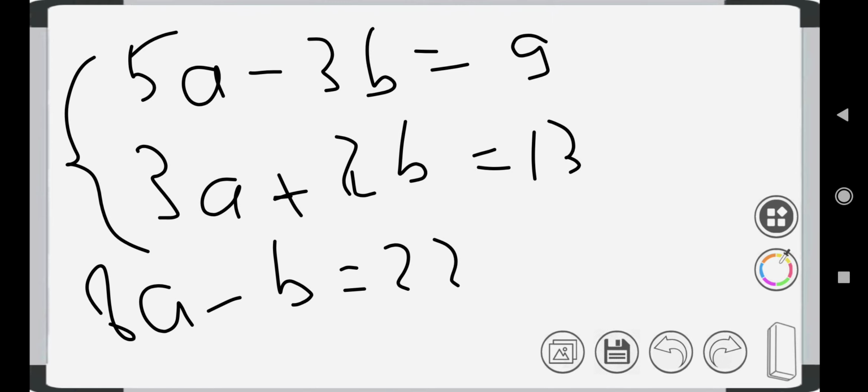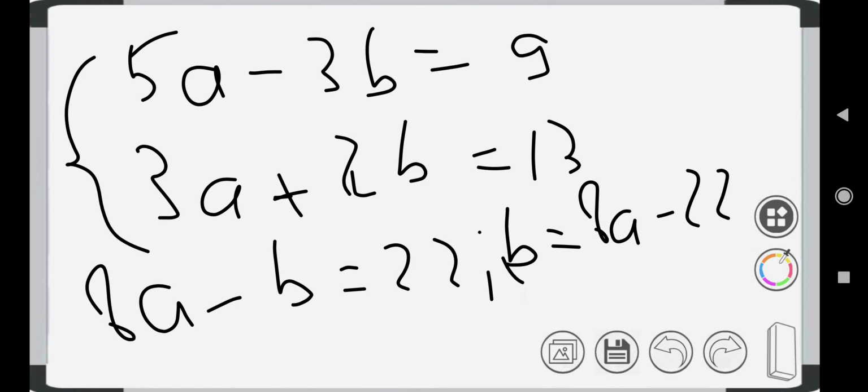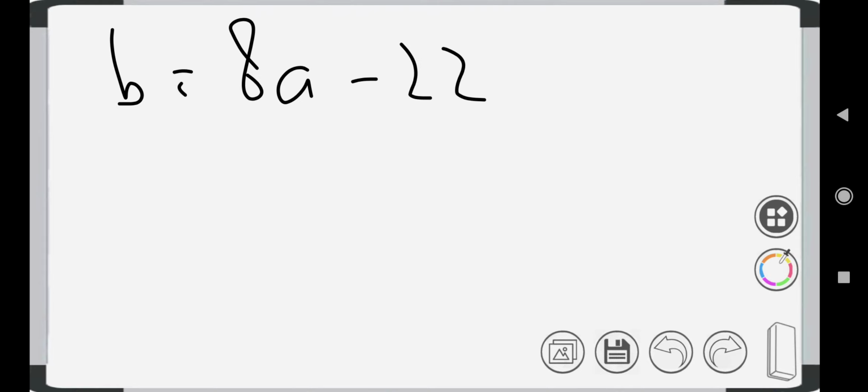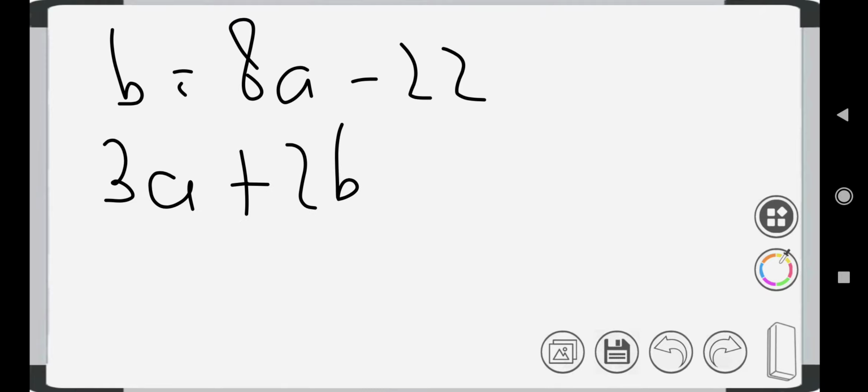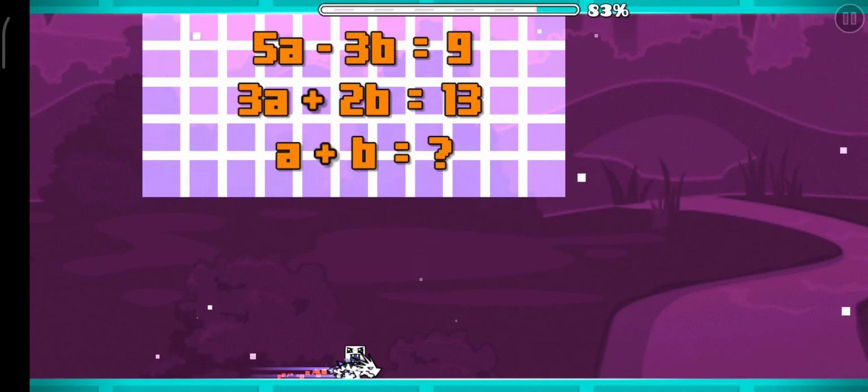We can rewrite this as b equals 8a minus 22. Let's remember it. So we have b equals 8a minus 22, and we have 3a plus 2b equals 13.